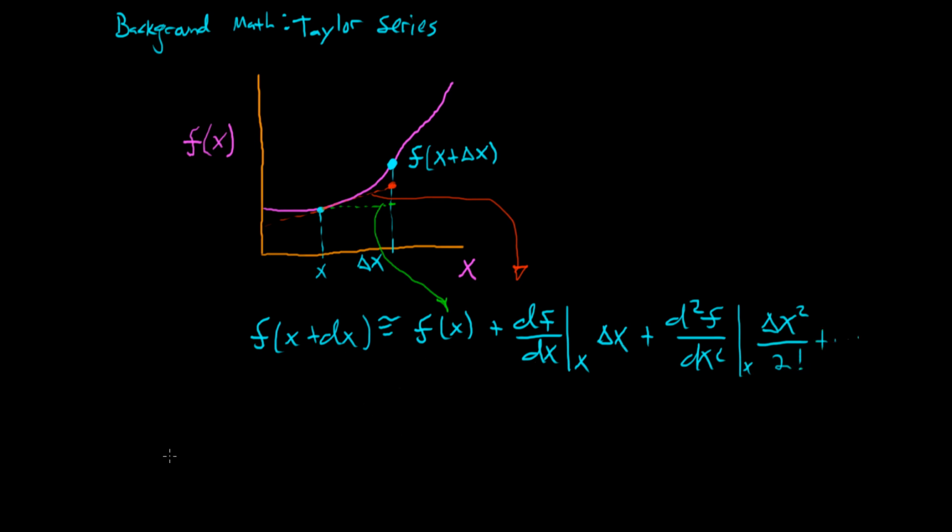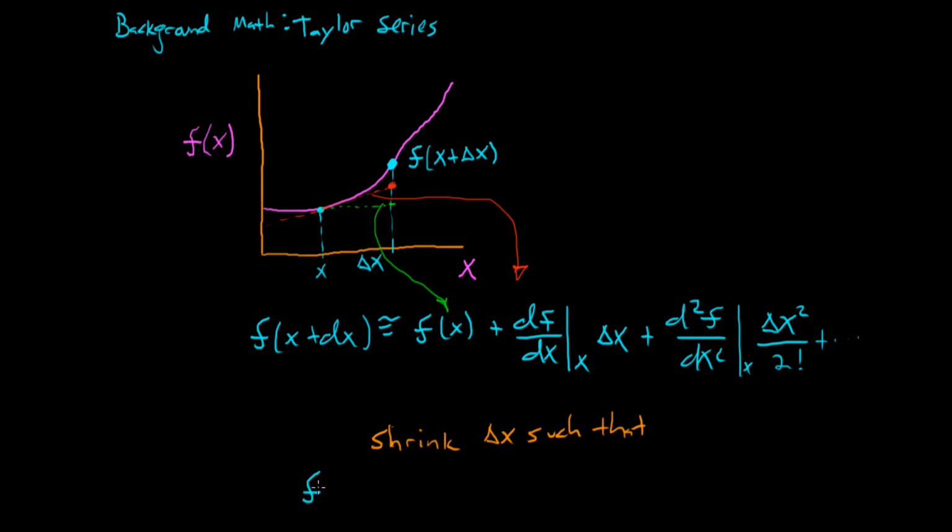That's a Taylor series. What we're going to do, though, to make this useful for us, is that we are going to shrink delta x such that the following thing becomes true.